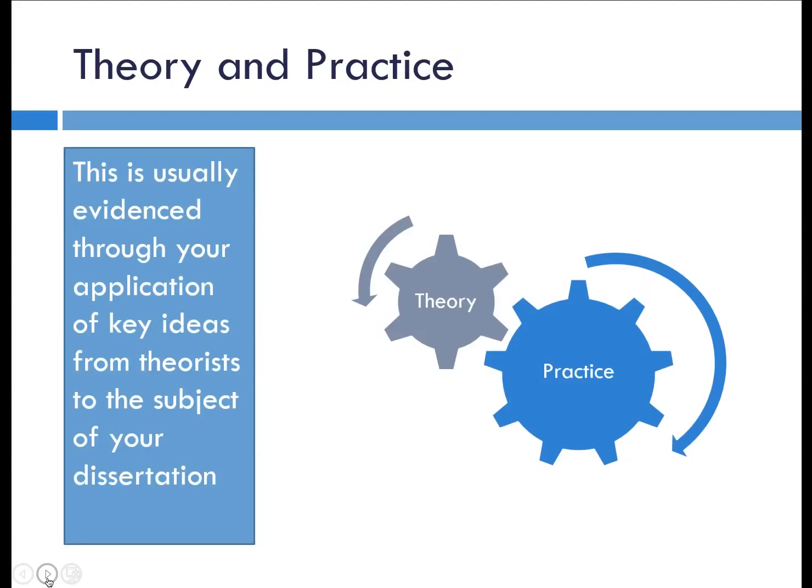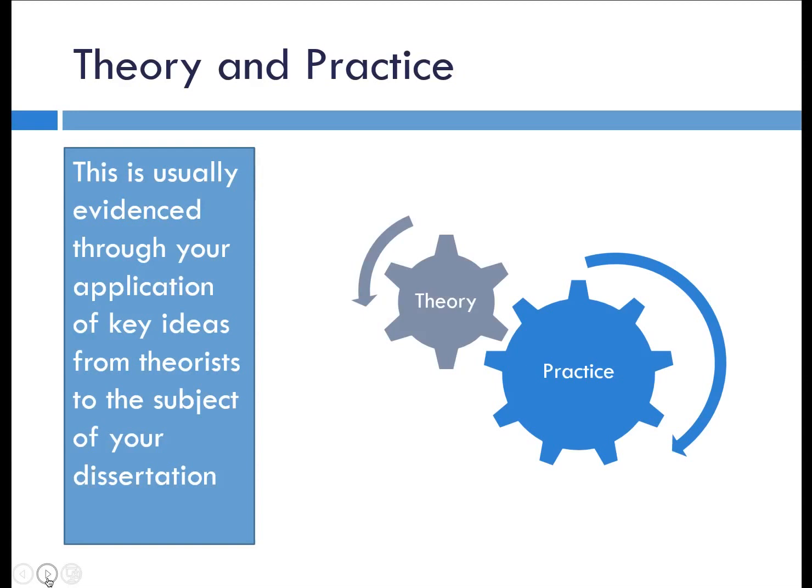Theory and practice. Now this is usually evidenced through your application of key ideas from the subjects of your dissertation and how that fits in with theorists or theories that have been introduced to you in Practicing Context Level 5. So you are using these within your dissertation.